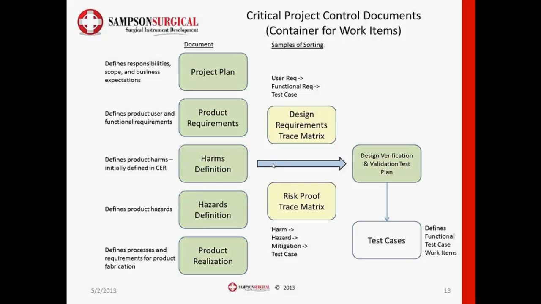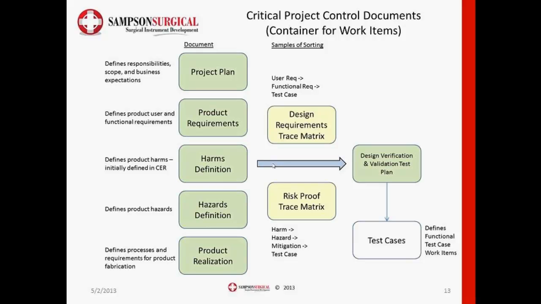And then the hazards definition is also in its own document, in order to allow us to segment it into process failure mode analysis and design failure mode analysis, various different kinds of analysis methods. And it allows us to contextualize the hazard and explain where it came from and the testing or discussion that was done to define it.